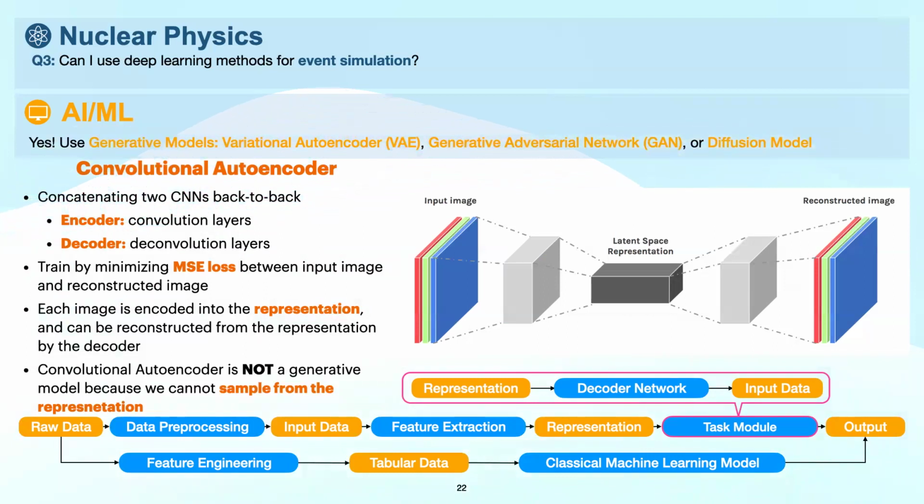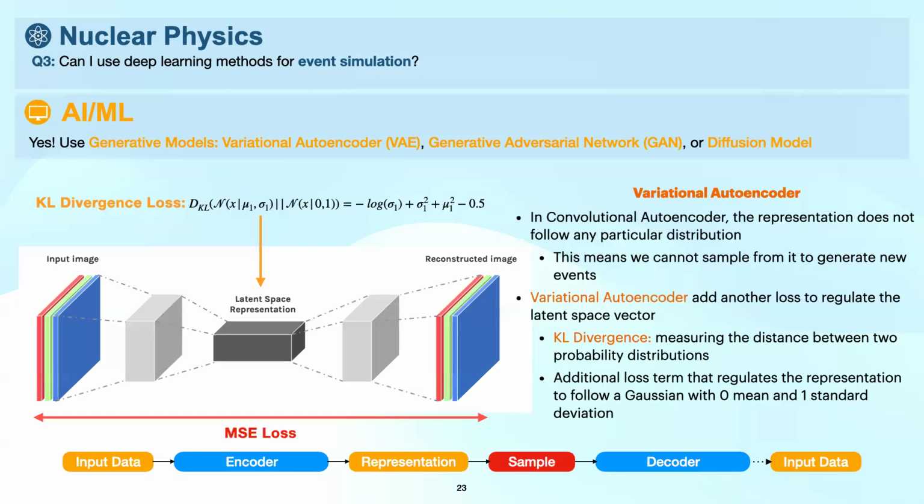So if we want to generate something new, some image that we have not seen before, we have to be able to sample from this latent space representation. In other words, we have to make our latent space representation become a distribution, for example a Gaussian distribution, instead of only giving you a fixed number.